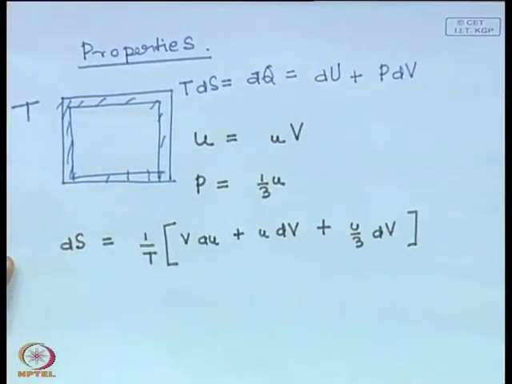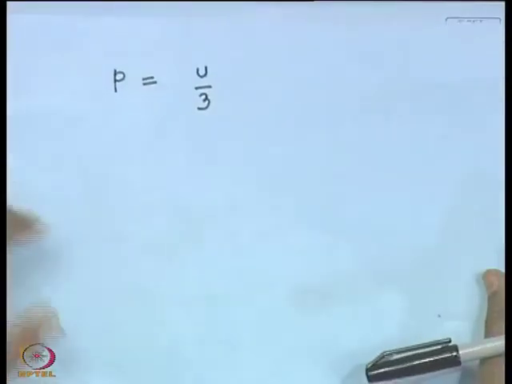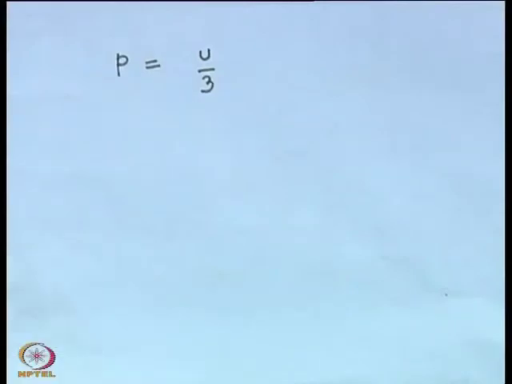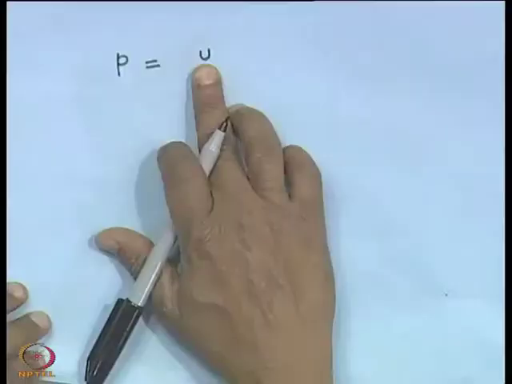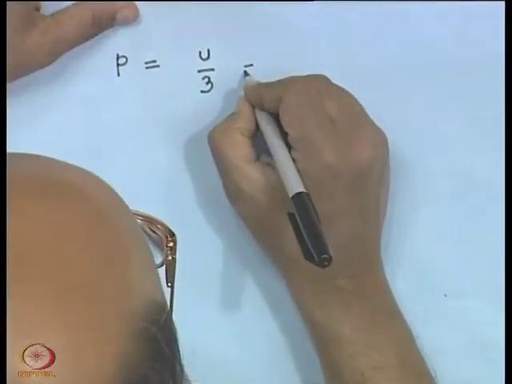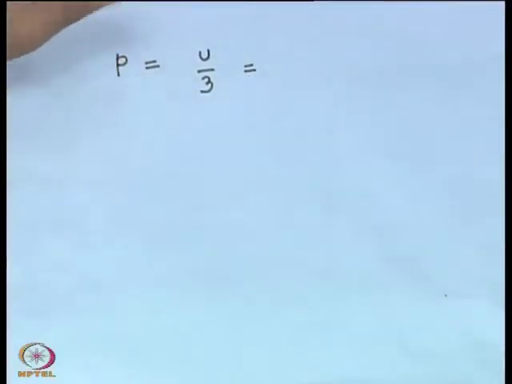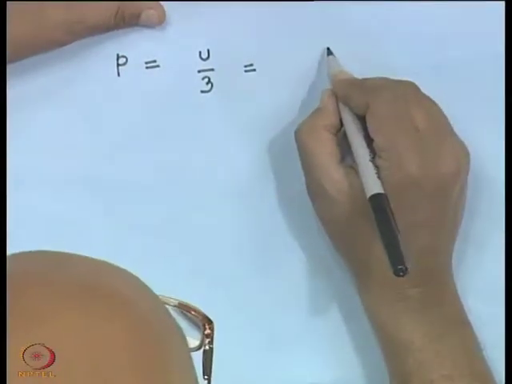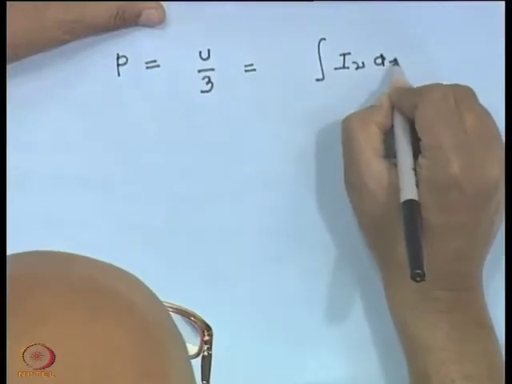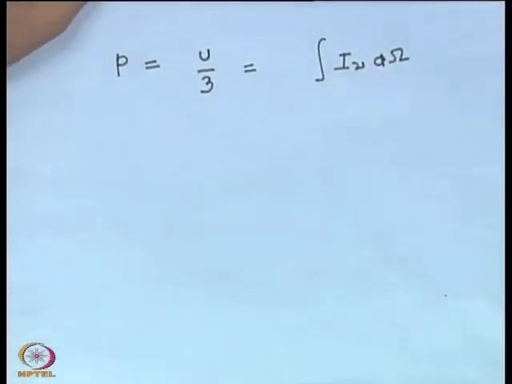Right. Another thing that I should mention, the second thing, is that the energy density of radiation is equal to, this also we have derived, the integral of the specific intensity over all solid angle, all directions, divided by c.